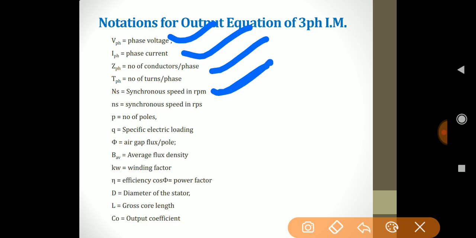Revolutions per minute is converted to revolutions per second, that is small ns. P represents the number of poles. Q stands for specific electric loading, which in our case is represented with AC.